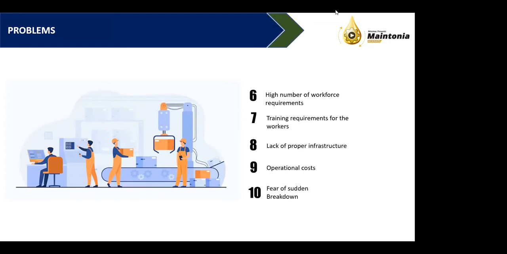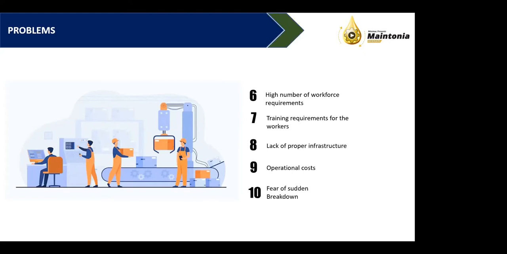Then fear of sudden breakdown will always be there whenever human intervention is there. As a user, if you think I have done my job best, now I can sit back and relax, we don't know whether the responsibility handed over to the next person is equally qualified, equally trained. No one can say it.